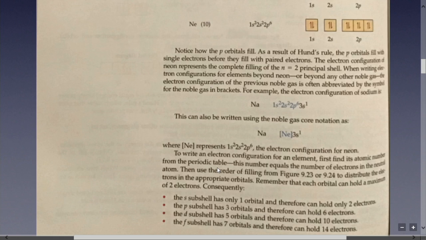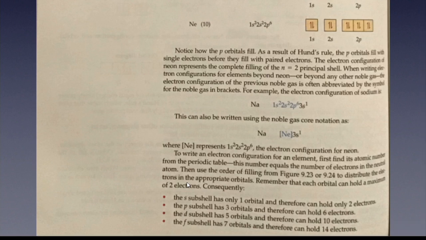That's called that Aufbau diagram. I encourage you to go online and Google images. No, please don't cut the one out of your textbook. I was joking when I said that. Go online. I'll put some on Google Classroom that you can choose from that have colors and are nice and neat and easy to read. Or just construct your own so that you can follow that diagram. And remember that each orbital can hold a maximum of 2 electrons.